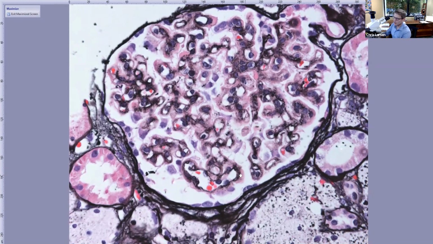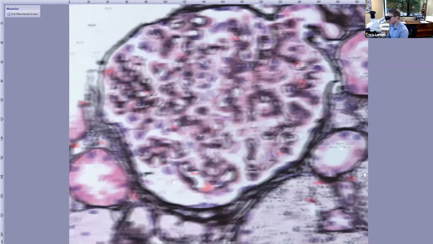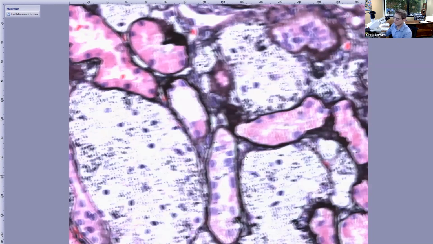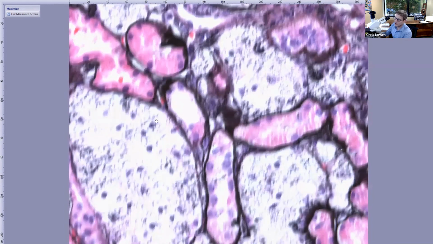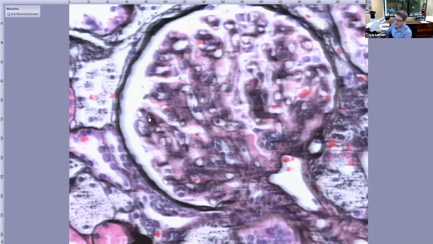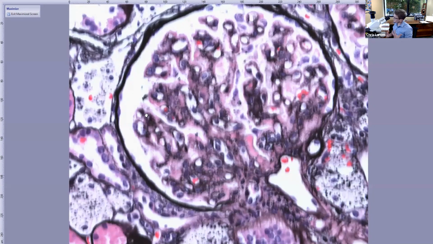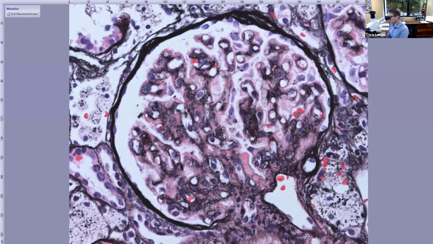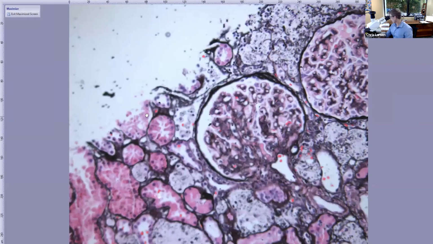And there's almost shaggy-like spike formation in a lot of the areas as well. So it's very unusual. Here you see these spikes forming along here. So somewhat more like a membranous appearance. So this is what we see on the light microscopy.